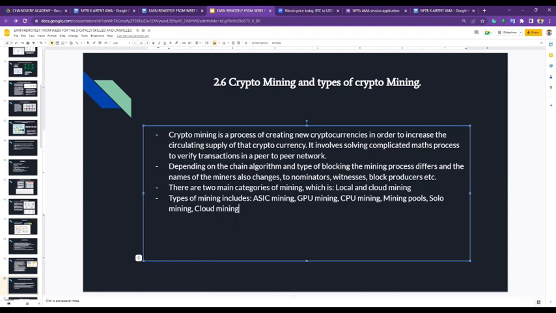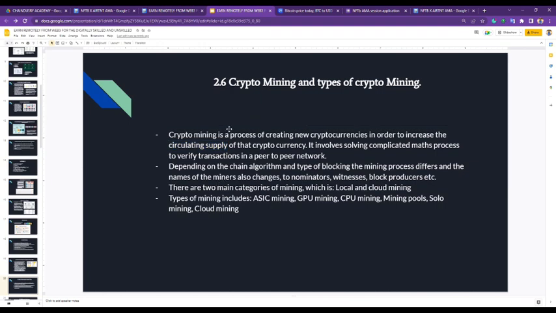So that's just simply put. Whenever you mine, you get rewards, and these rewards increase the circulating supply of that cryptocurrency, like I said. So yeah, that's pretty straightforward.